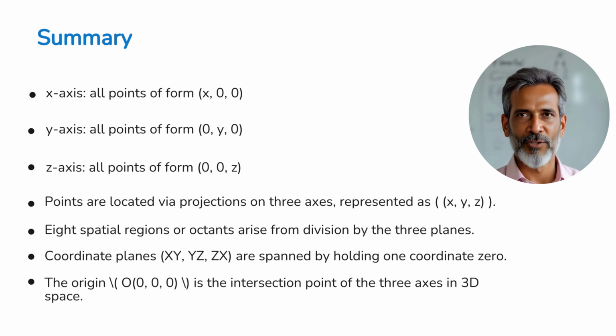Then, we have 3 coordinate planes, the xy plane where z is 0, the yz plane where x is 0, and the zx plane where y is 0. These planes divide space into 8 octants, each defined by positive and negative signs of coordinates. And to locate any point in 3D space, we use that neat ordered triplet, projecting perpendicularly from all 3 axes.